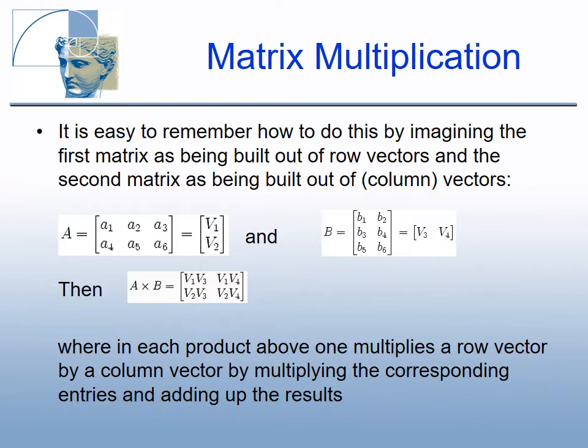Then, the multiplication can be defined by the expression shown below, where in each product, one multiplies a row vector V1 or V2 by a column vector V3 or V4 by multiplying the corresponding entries and adding up the result.